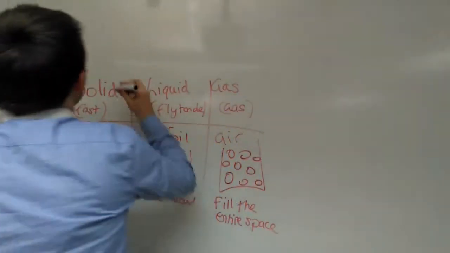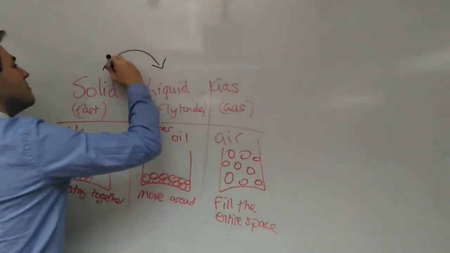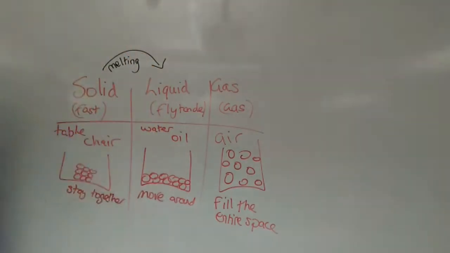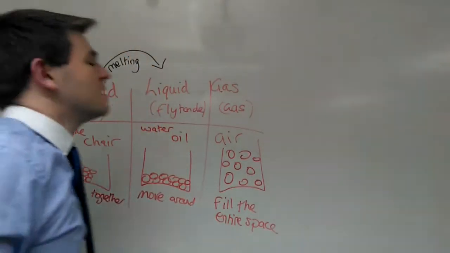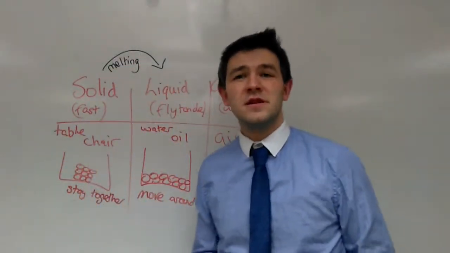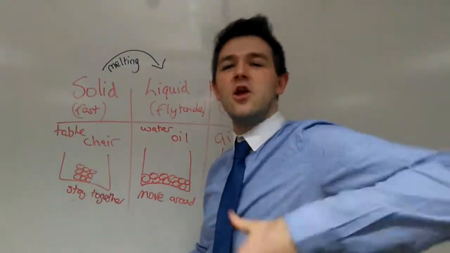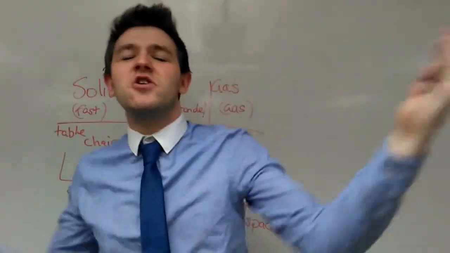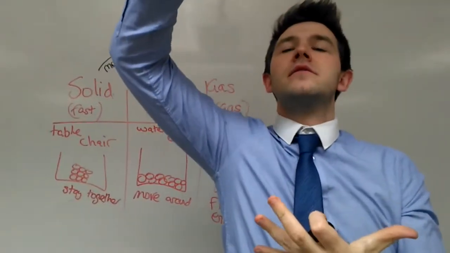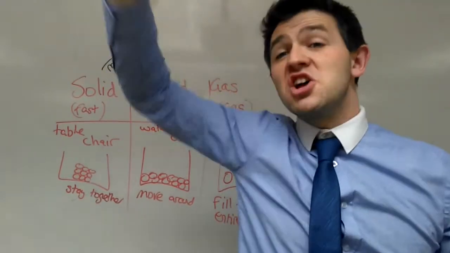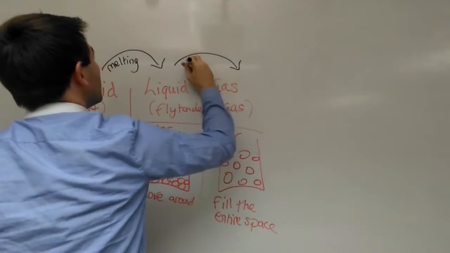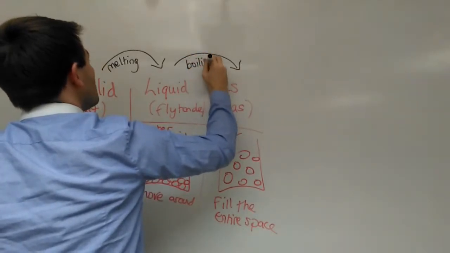When that happens, we call that melting. If I talk about my liquid getting hotter and hotter and hotter, that liquid gets more and more energy as it's moving around, and maybe one bit gets away. It goes up, it turns into a gas. This here we call boiling.